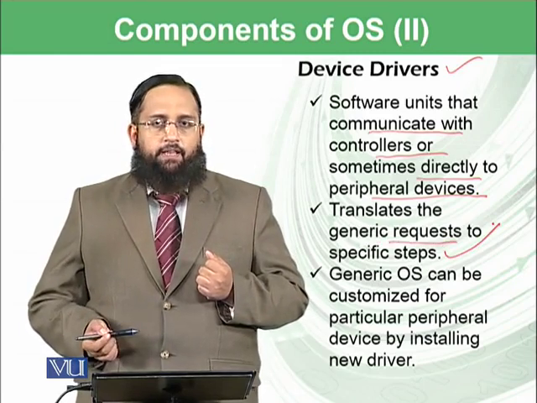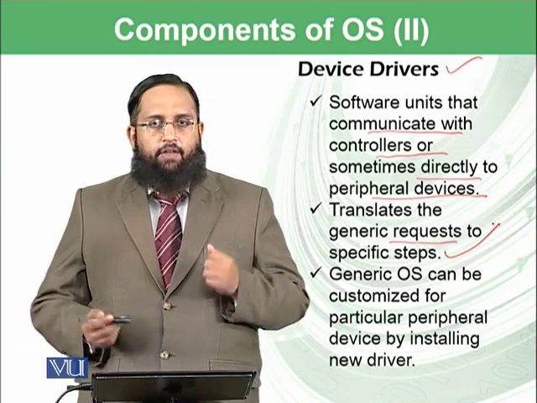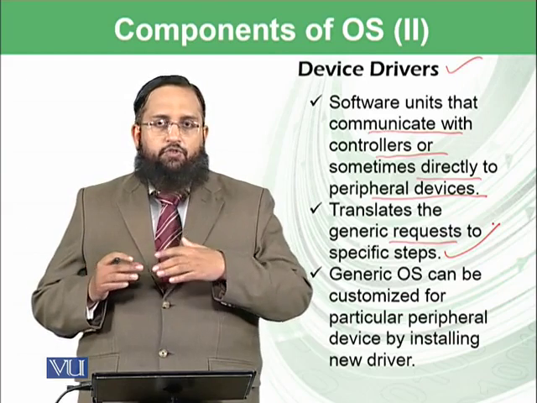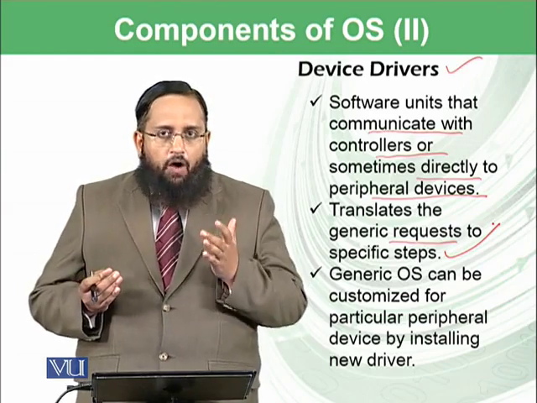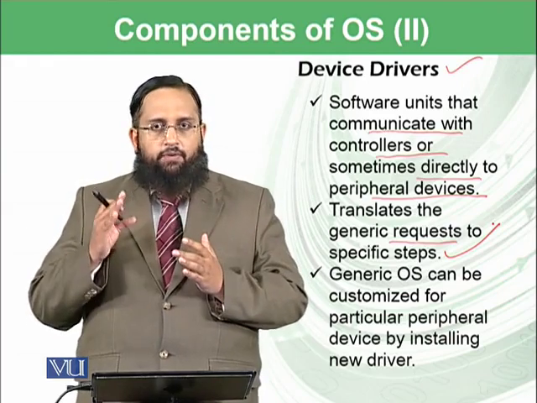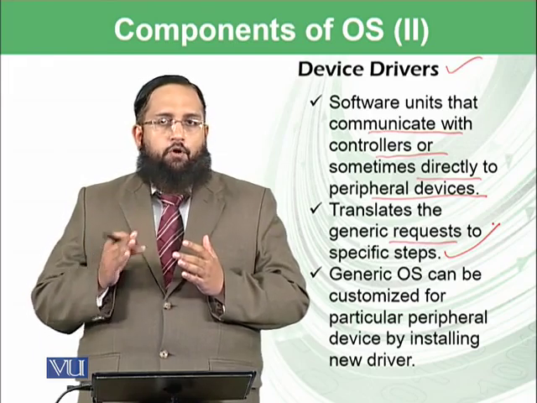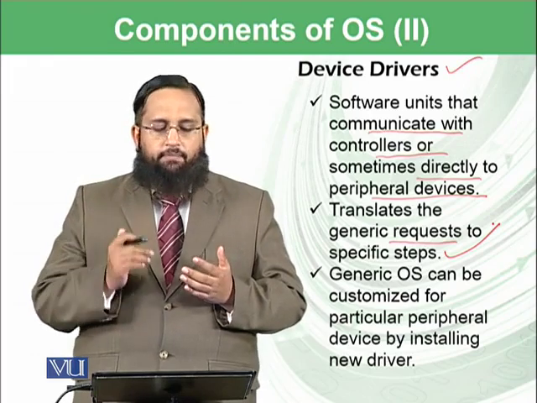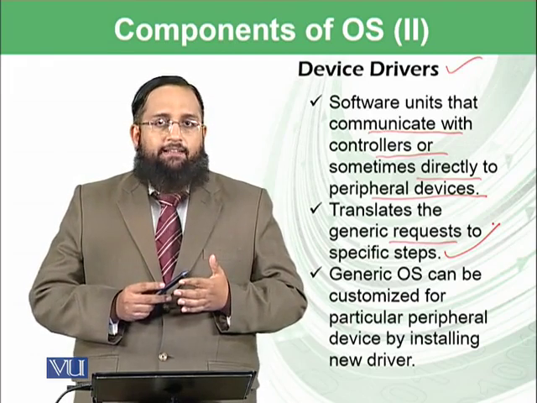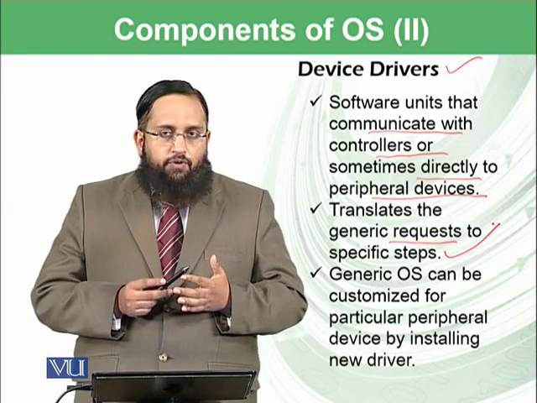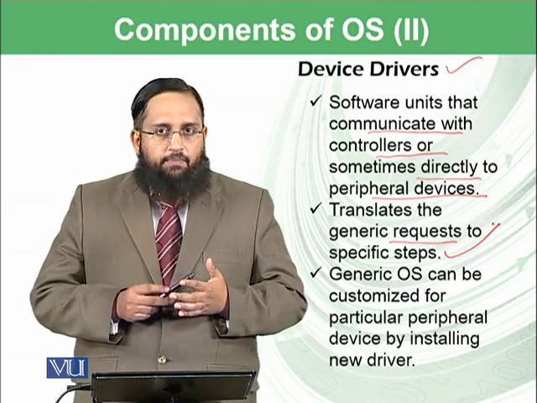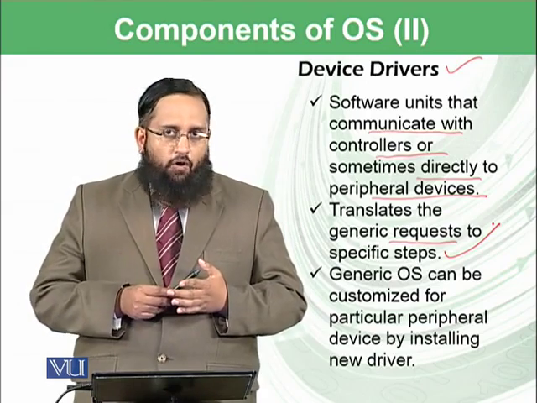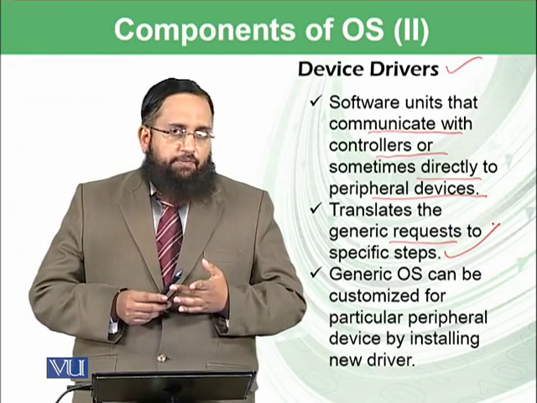And this translates generic requests to very specific steps. Maybe there is a generic step, like on your computer you can press Control plus P, which means you want to print. But how will the printing be done? The device driver will translate your request to a very specific task. For example, first it will check whether there is a printer attached to your computer that is accessible, that is on, not off, and that has a page available.